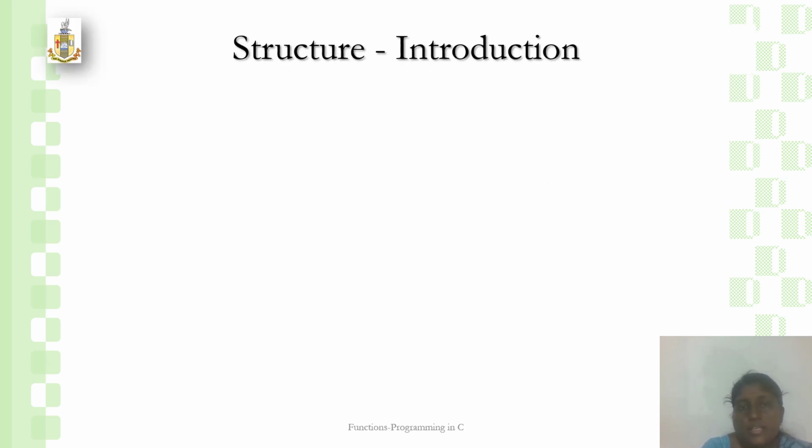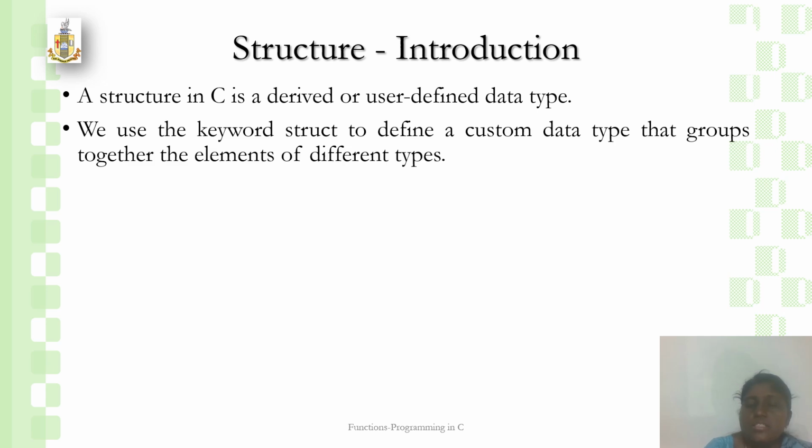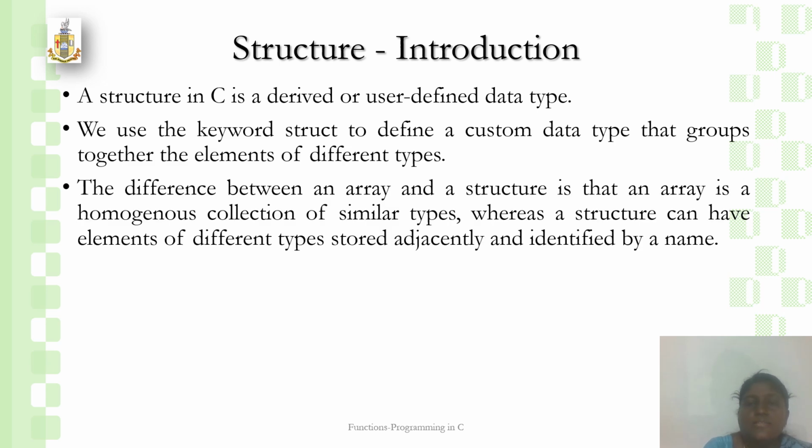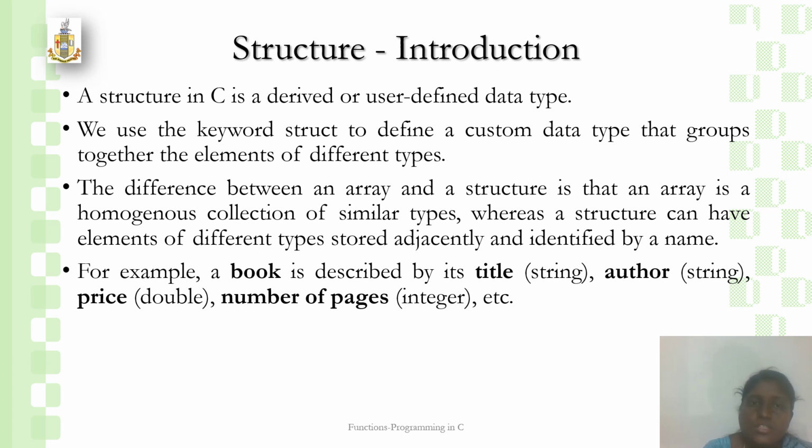Now we are moving on to the next topic, which is structure and union. What is structure? Structure in C is a derived or user-defined data type. It must use the keyword struct.